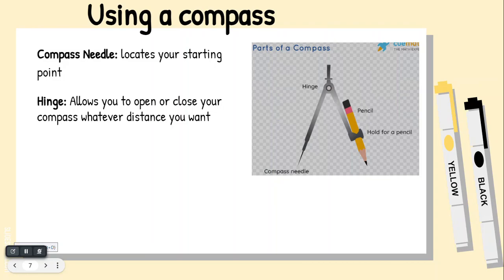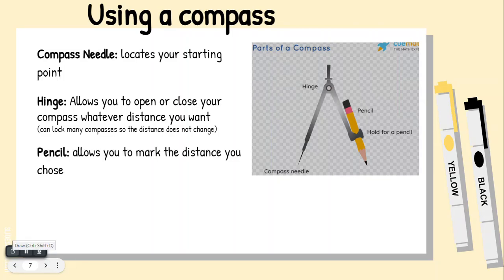The hinge, this part over here, is what allows us to open or close our compass to whatever distance we want. We can lock them so that the distance does not change. Then when we use the pencil, that will mark the distance that we opened our compass to.